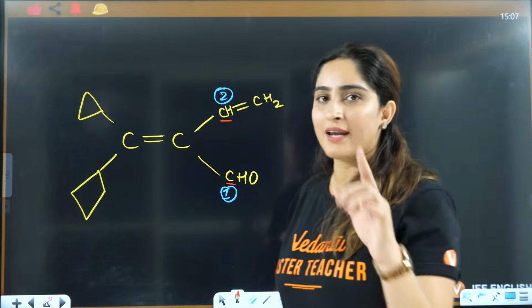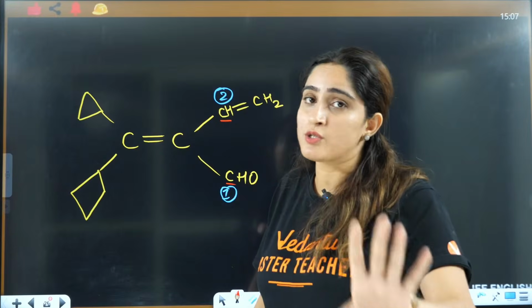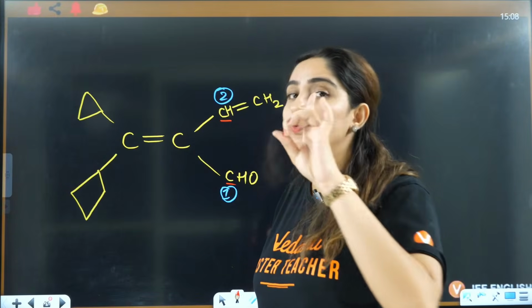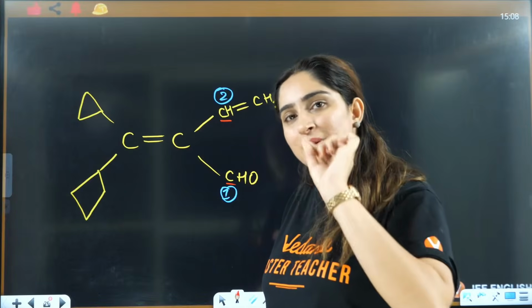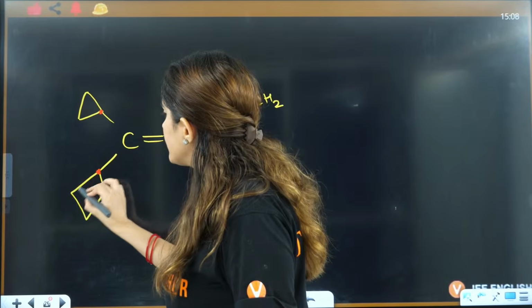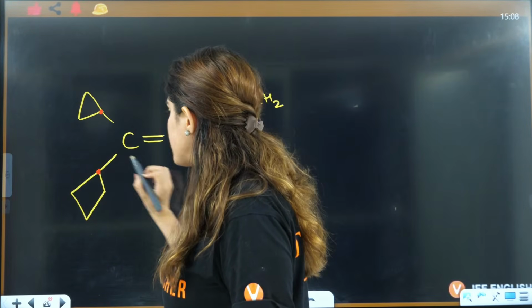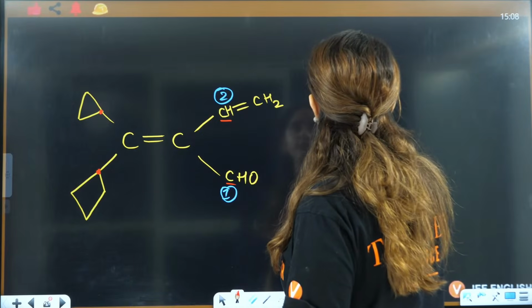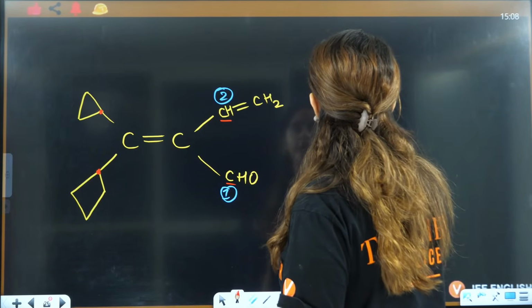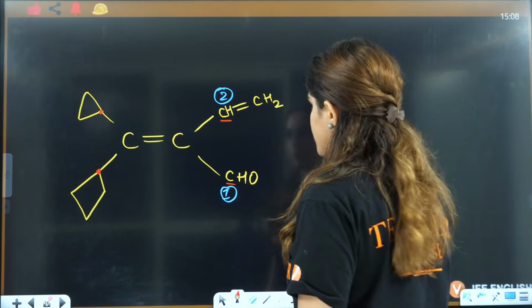Sometimes students just cram that more the number of carbons, more priority. Sometimes it is true, sometimes it is also not true. So that's why I'm telling you, do what I'm telling you, with those simple steps only you will follow. So this carbon here is connected to 2 carbons and 1 hydrogen. This carbon here is also connected to 2 carbons and 1 hydrogen.